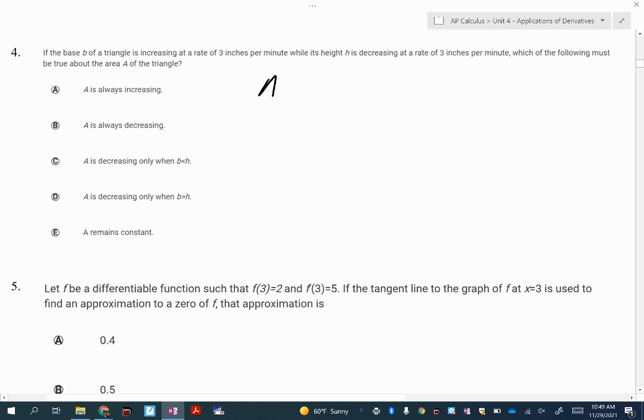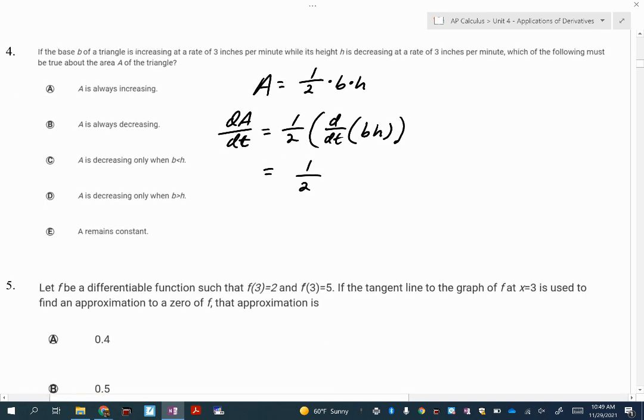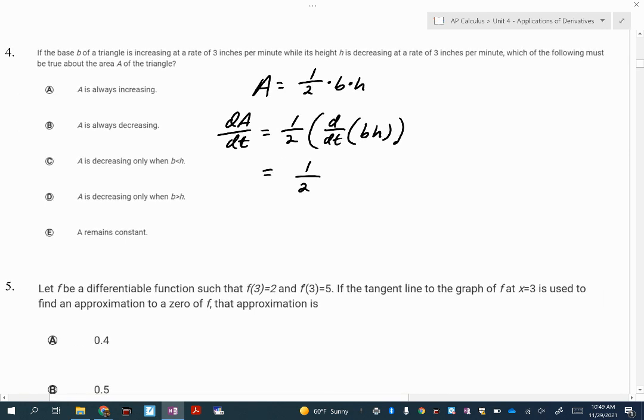Well, let's write down the formula for the area of a triangle, which is 1/2 times base times height. Now watch what happens when I differentiate this. I'm going to do dA over dt. We know we have the 1/2 times, now I need to differentiate, so d/dt of base times height. This is going to be one of those problems where, if you don't know your differentiation rules, it becomes difficult.